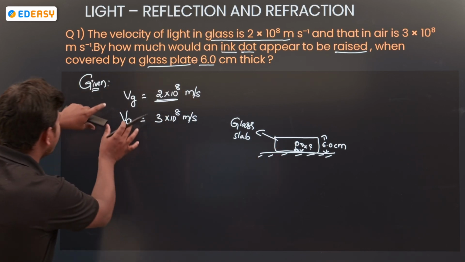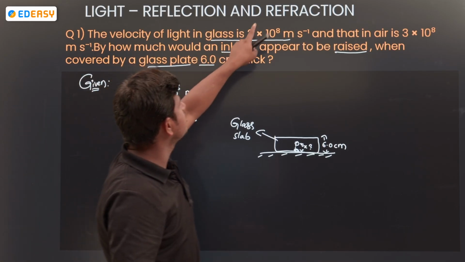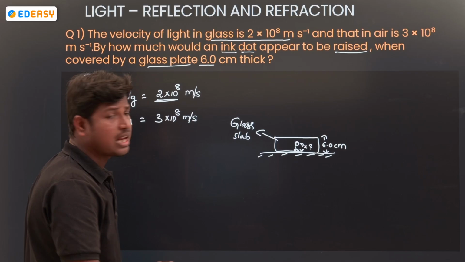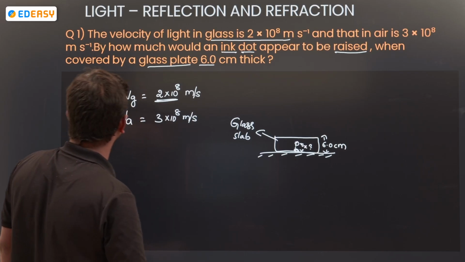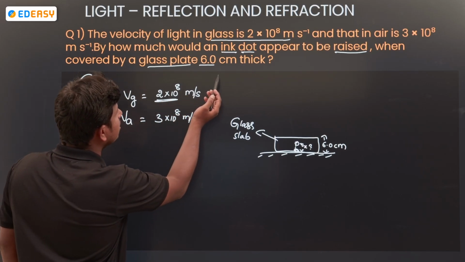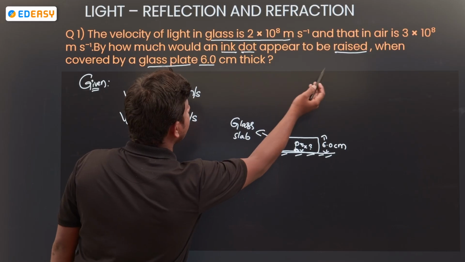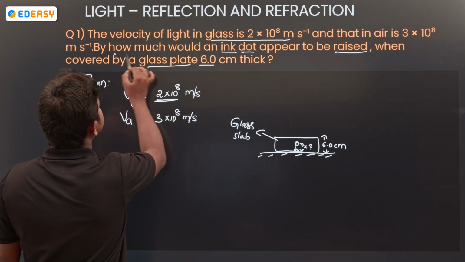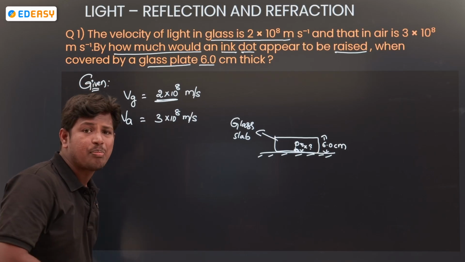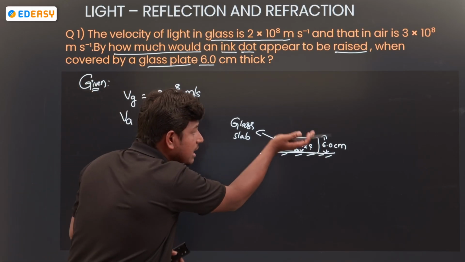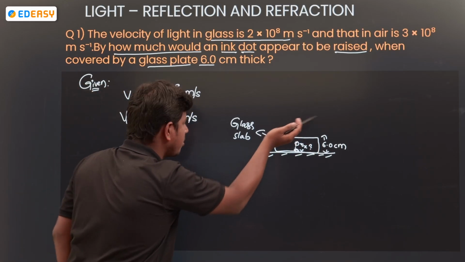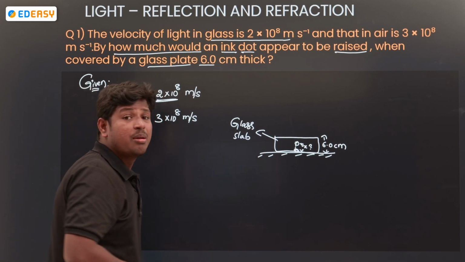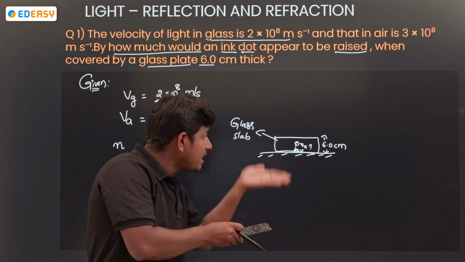Okay, so we have taken all the given information: the speed of light in glass and the speed of light in air also. What are we going to find out? How much an ink dot would appear raised when covered by a 6 centimeter thick glass slab. So first find the refractive index of the glass slab, because of this glass slab only it rises.